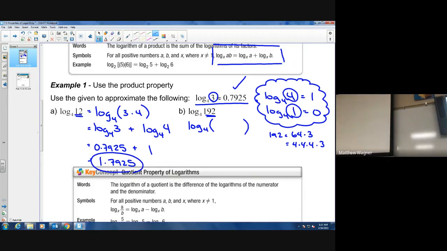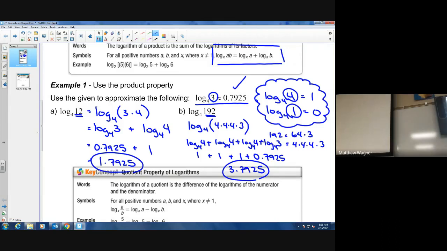So this is the log of 4 times 4 times 4 times 3. And then, like we said, if we have the log of a product, we can log each separately: log base 4 of 4 three times, and log base 4 of 3, and add those logs together. So we have 1 plus 1 plus 1 plus 0.7925, which is 3.7925. Yay! So that's the product property of logarithms.